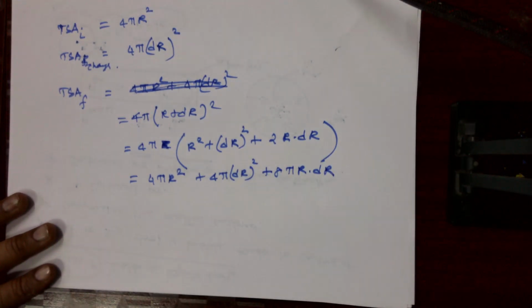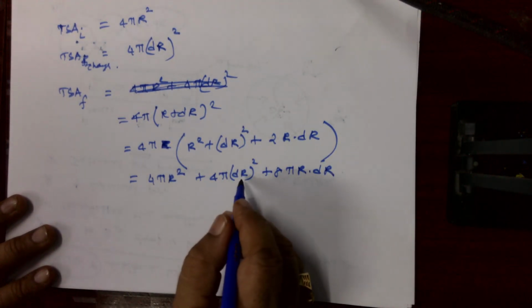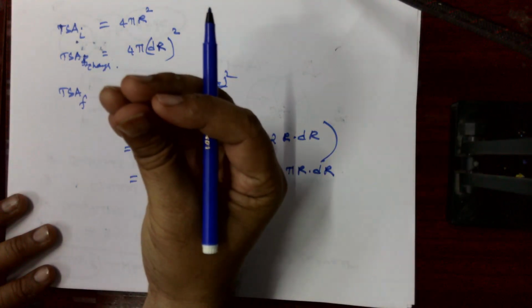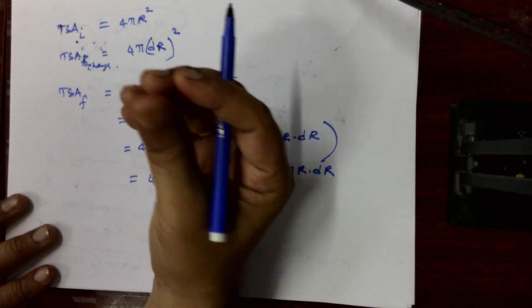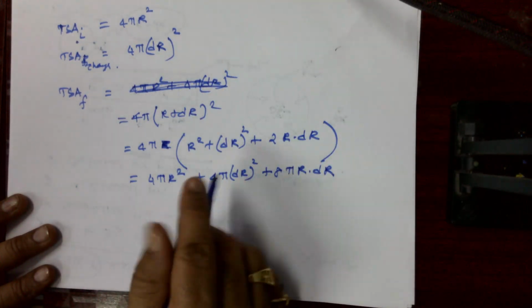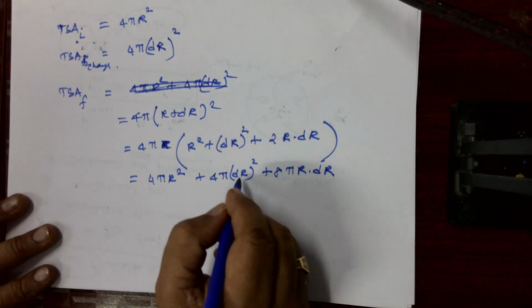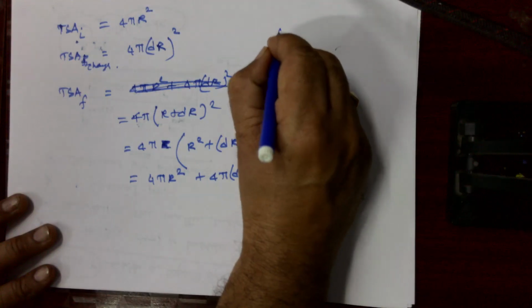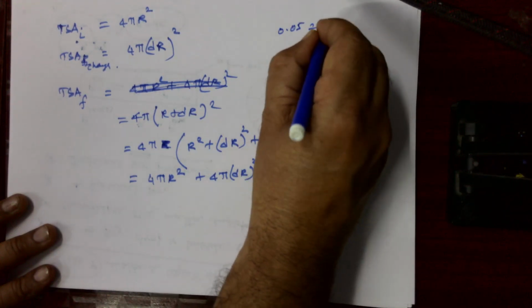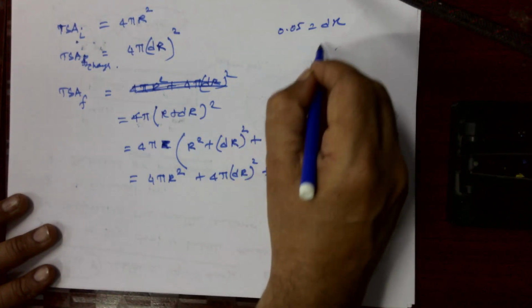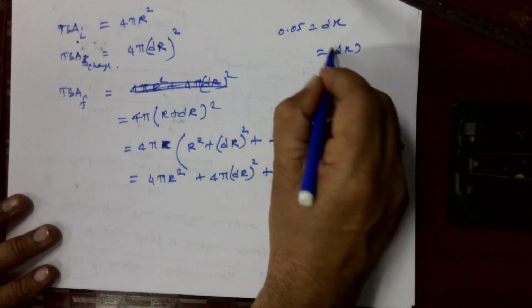Do you understand? Now this r is already small for a bubble. So the dr is very very small because it is a shrinkage size here. Let me call it 0.05, and this is the dr. So when you are squaring on both sides, dr whole square means what?